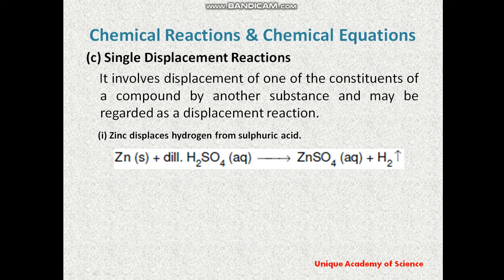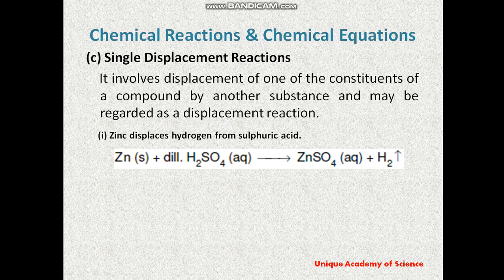In this equation you can see that H is plus and SO4 is minus, so here H2 has valency 2 plus, whereas SO4 valency is minus 2.